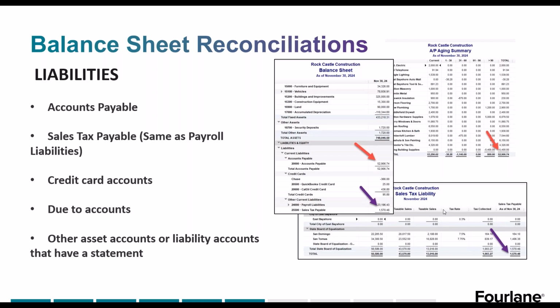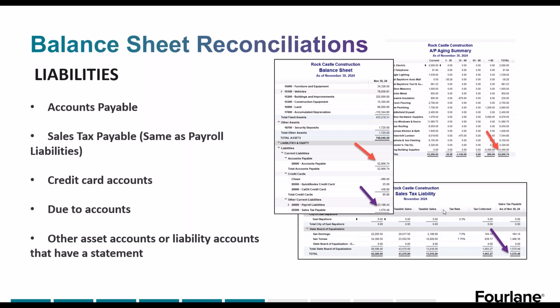So if you have an intercompany and you're saying you have a due to in here, say from company A, go to company A, what does that show that they owe? That's what you want to reconcile it to. Making sure that these accounts, even though they're different QuickBooks files, are still reconciled together. It does take a little bit of extra steps though to get to that account to use it.